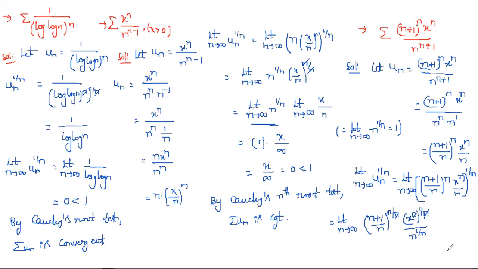And what about the remaining? Limit n tends to infinity un power 1 by n is equal to limit n tends to infinity (n plus 1 by n) into x by n power 1 by n, which is the remaining one.